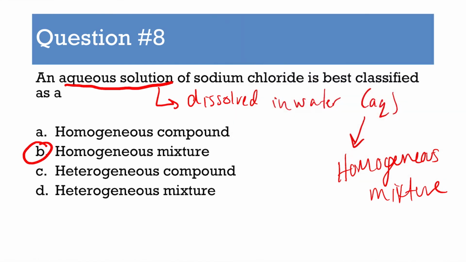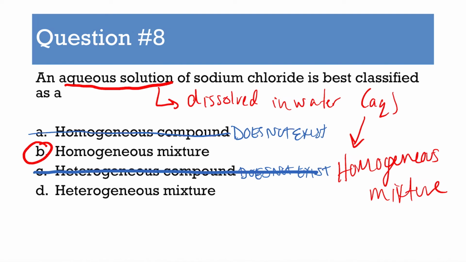Now I want to point out that a homogeneous compound does not exist. It's there to confuse you, and that's it. A heterogeneous compound, again, does not exist. The Regents question writing people are like, well, how can we confuse students with this question?